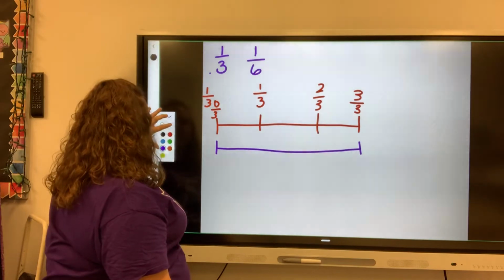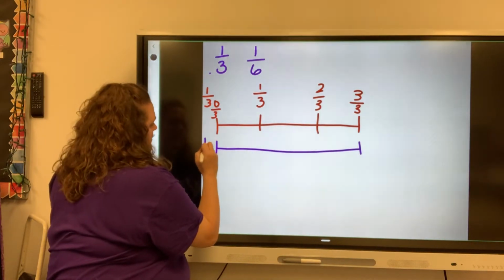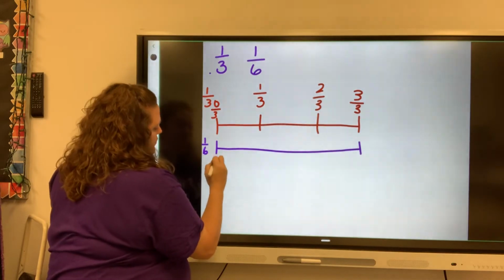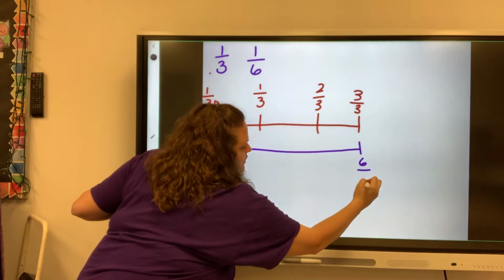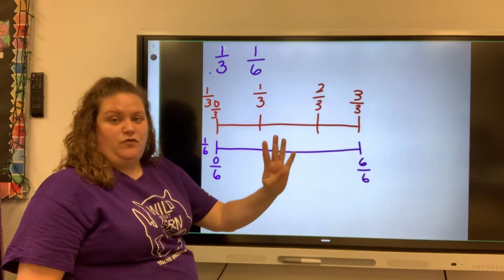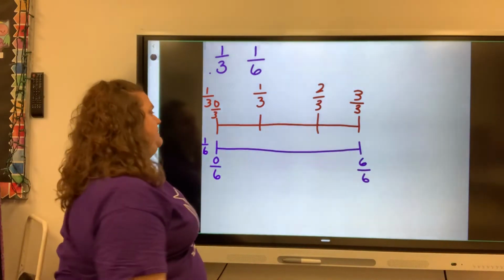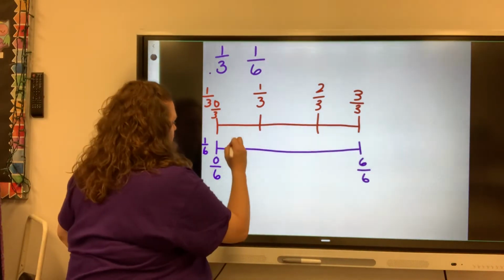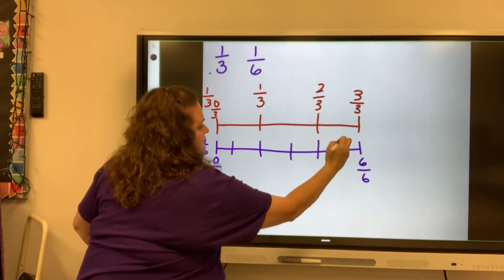So when I compare my 6's, this is my 0, so this would be 0/6. This is going to be 6/6 because that's my whole. So I'm going to need to draw a 1/6, a 2/6, a 3/6, a 4/6, and a 5/6. So I'm going to draw 5 lines to make them equal. 1, 2, 3, 4, 5.